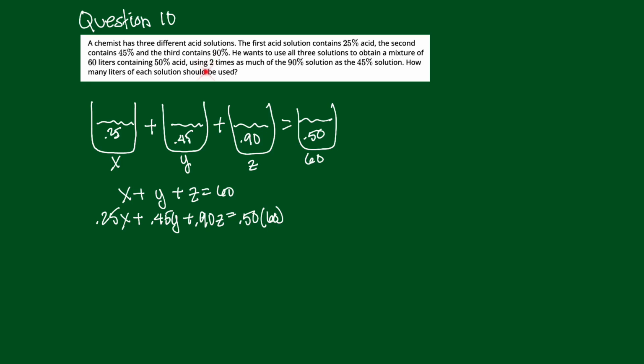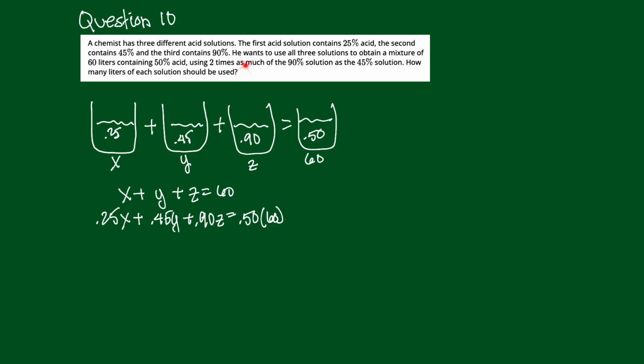Now we're told down here, we're using 2 times as much of the 90% solution as the 45% solution. All right, so the 90% solution is the z, the 45% solution is the y. So I want twice as much 90 as I do of the 45. So just look at it and say it to yourself.